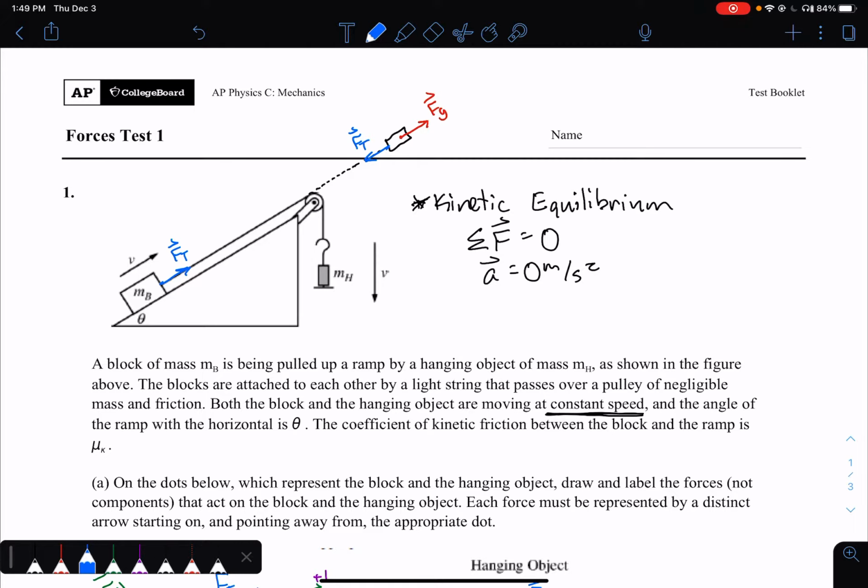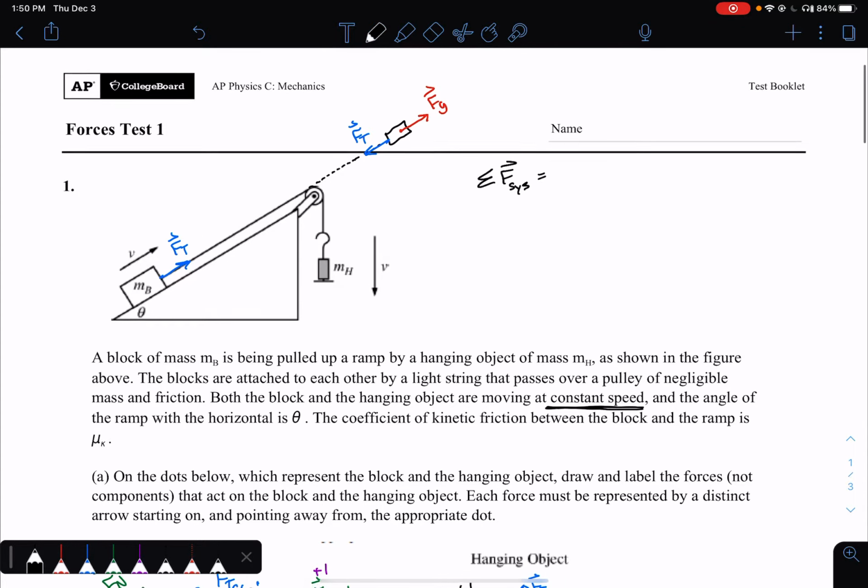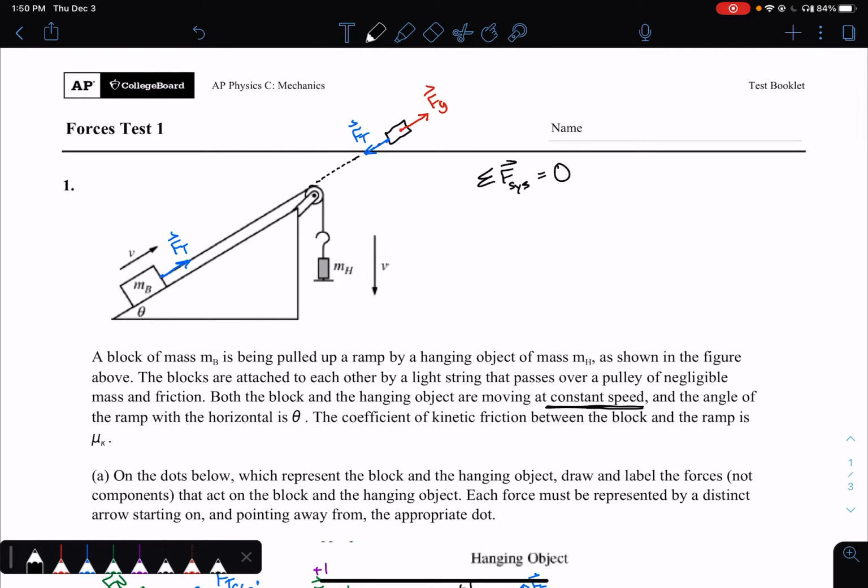Everything was balanced already. There was no net force on our system. So when we go to sum our forces for our system, it's going to be 0.